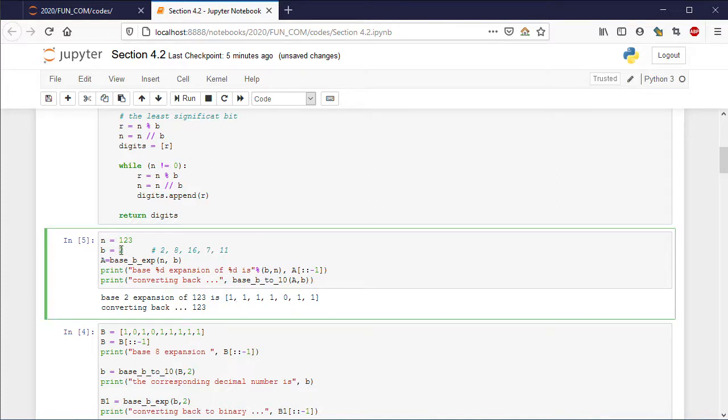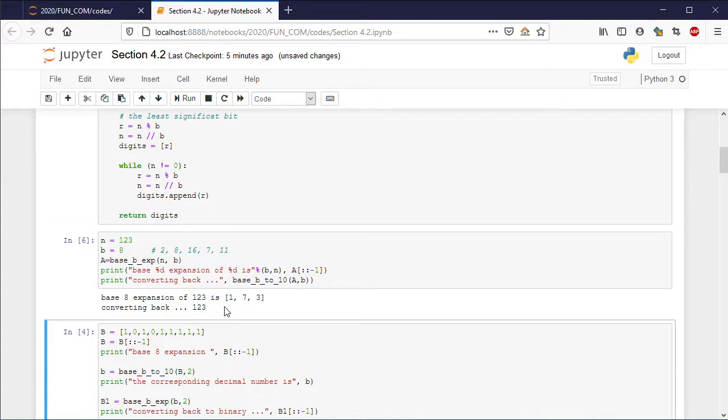If I change this to 8, then 123 in the octal system, which is a base 8 system, is 173. Remember that we have to call that one seven three instead of one hundred seventy-three, because the base is 8 in this case.